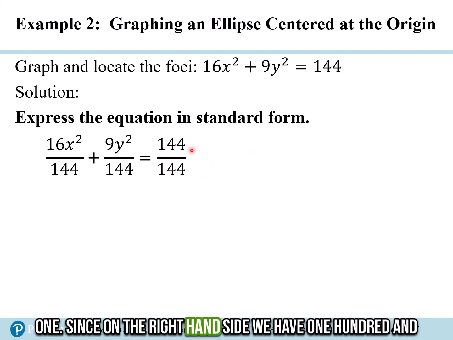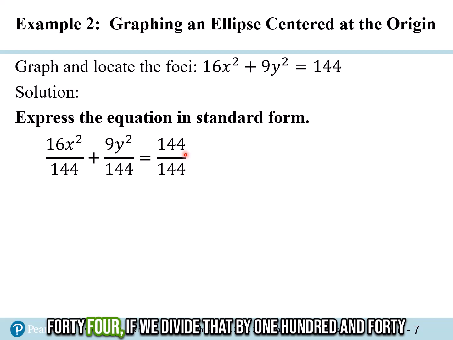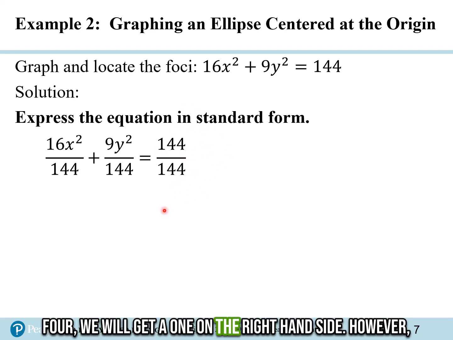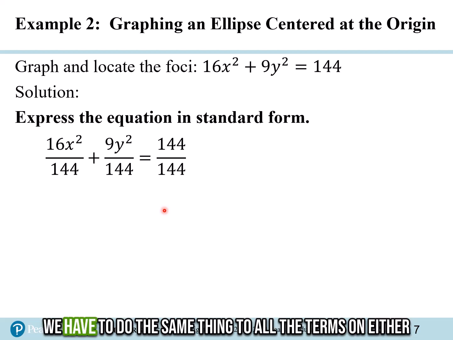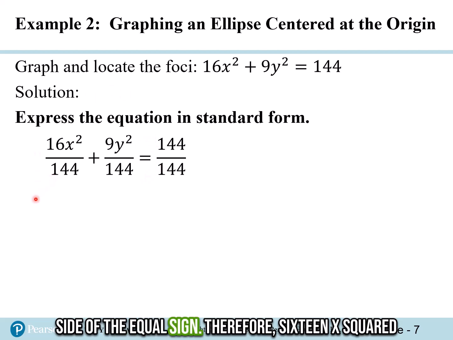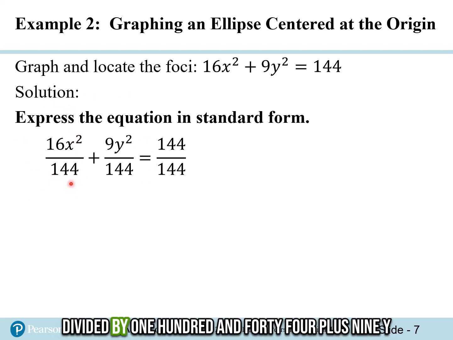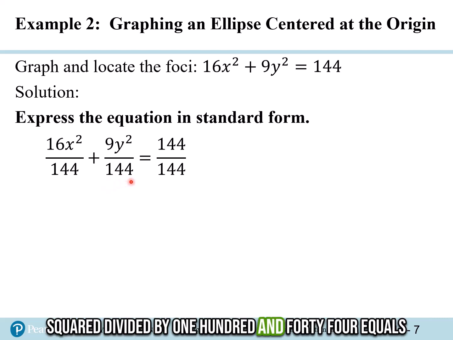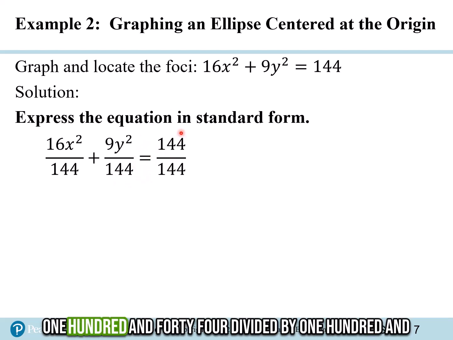Since on the right-hand side we have 144, if we divide that by 144, we will get a 1 on the right-hand side. However, we have to do the same thing to all the terms on either side of the equal sign. Therefore, 16x squared divided by 144 plus 9y squared divided by 144 equals 144 divided by 144.